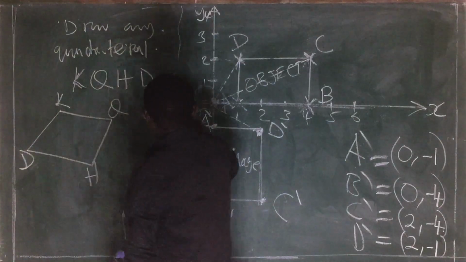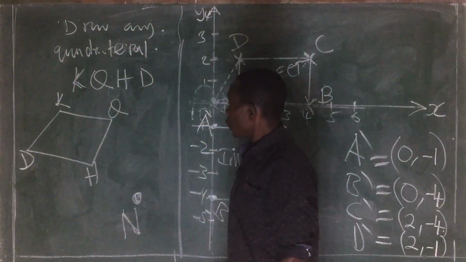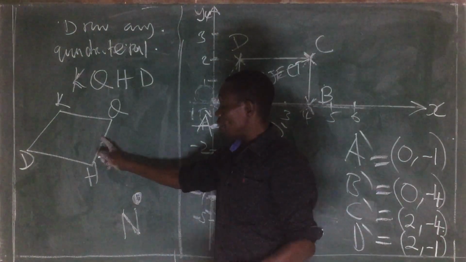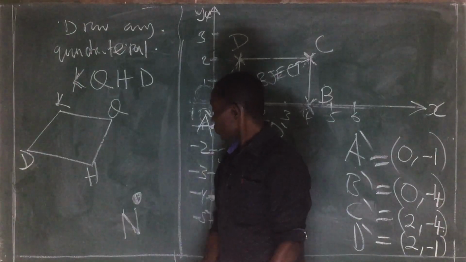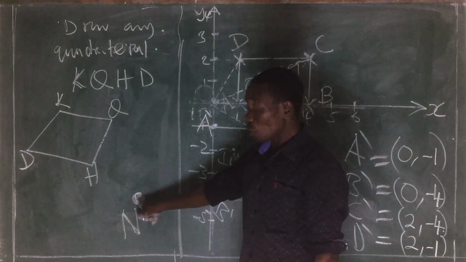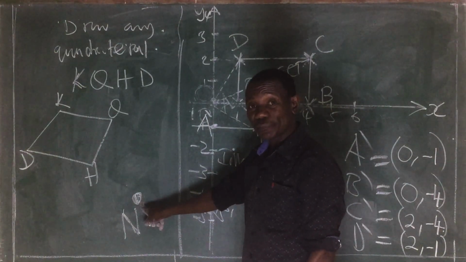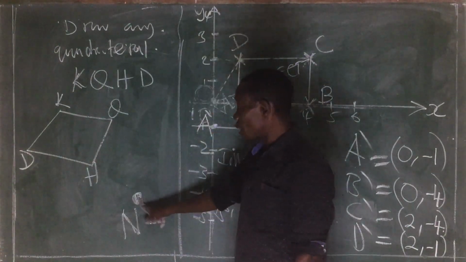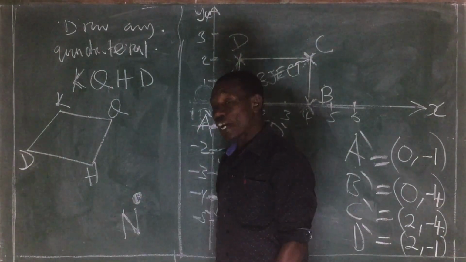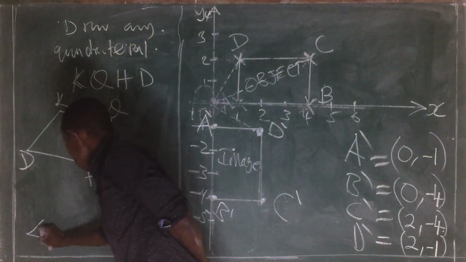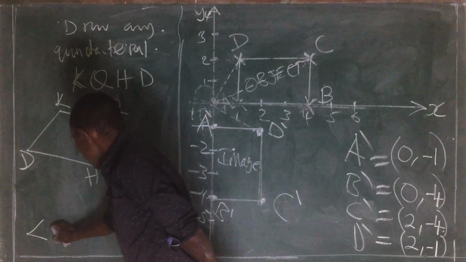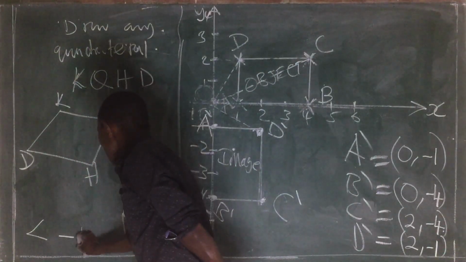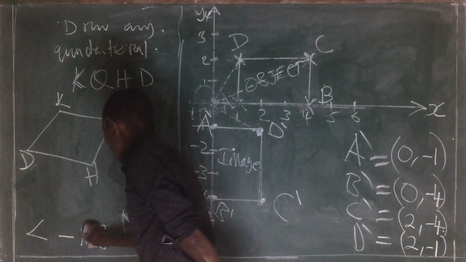Okay? Once you have done that, can you try to rotate this quadrilateral KQHD about N, with an angle of rotation of negative 120 degrees.